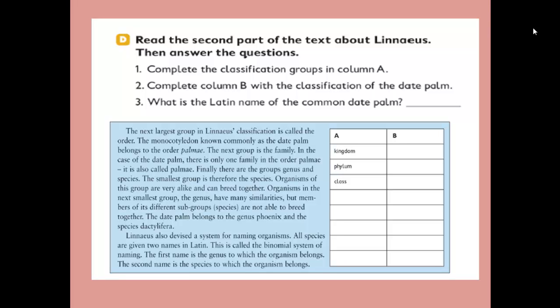Organisms of this group are very alike and can breed together. Organisms in the next smallest group, the genus, have many similarities, but members of its different subgroups, species, are not able to breed together.